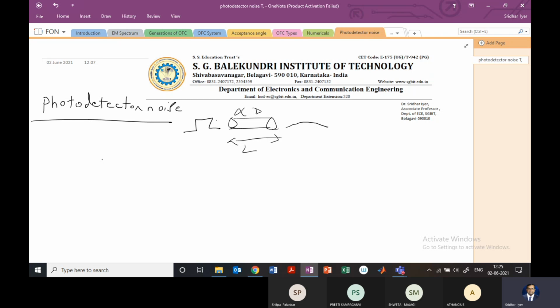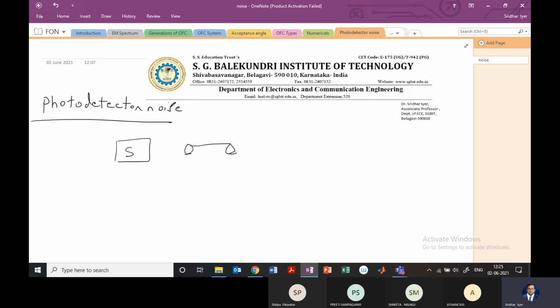Likewise, the photo detectors also introduce their own noises, and we need to understand what the requirements of the photo detector are. If we look at the optical system in general, you have the source, the fiber, and the detector.